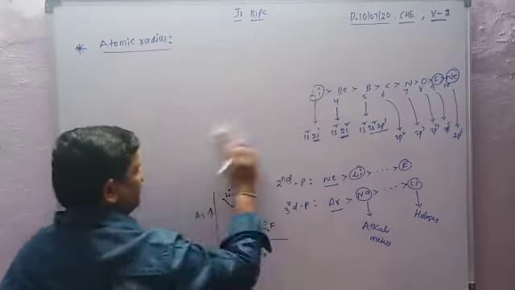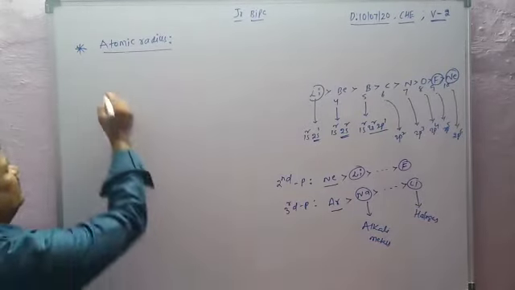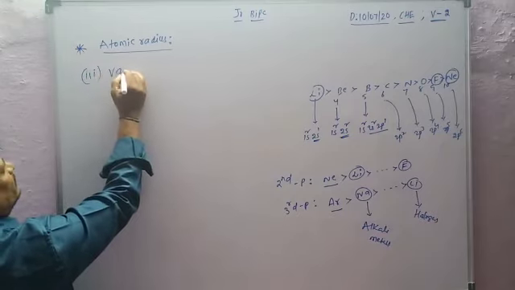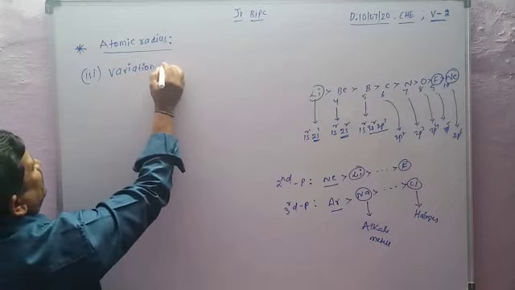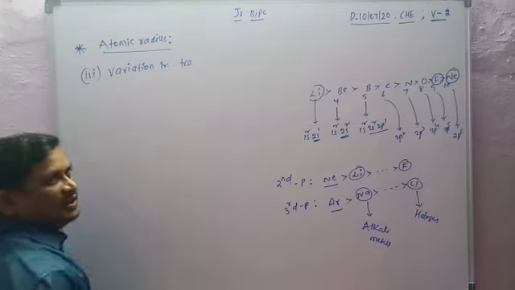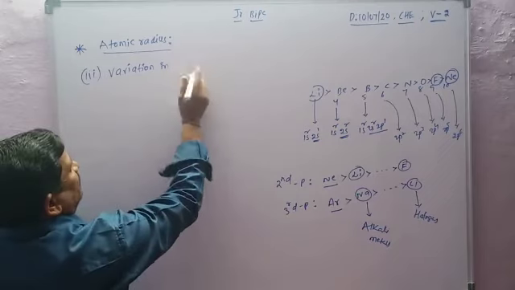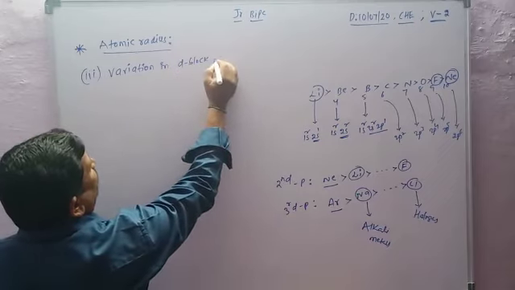So the next one is variation of atomic radius in transition elements, that is, D block elements.